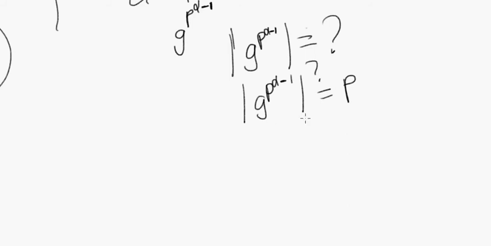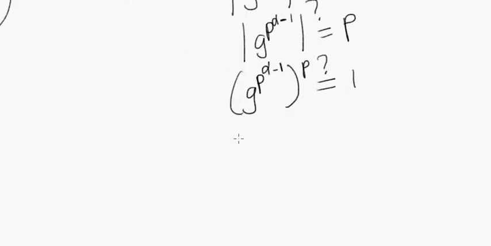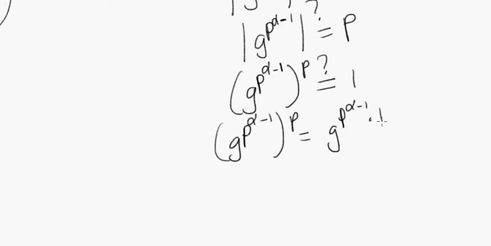Let's first check if g to the p to the alpha minus 1 raised to the p actually equals the identity. Is that the same as g to the p to the alpha minus 1 times p, so g to the p to the alpha?